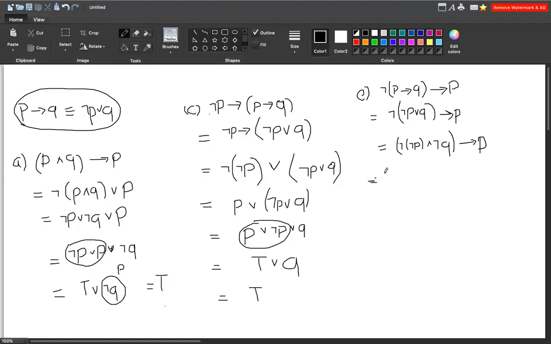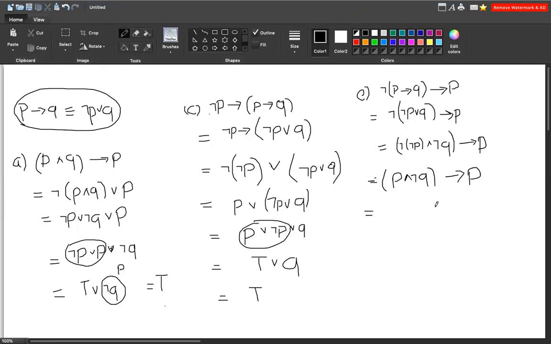Okay. So here negation of P and negation of Q implies P. Now we have to remove this implication again.